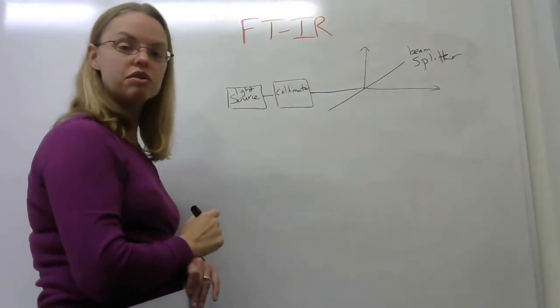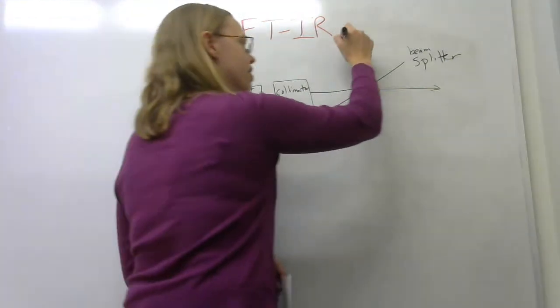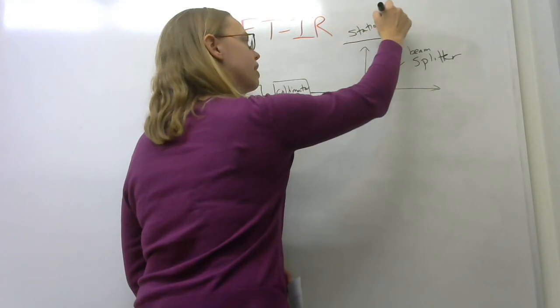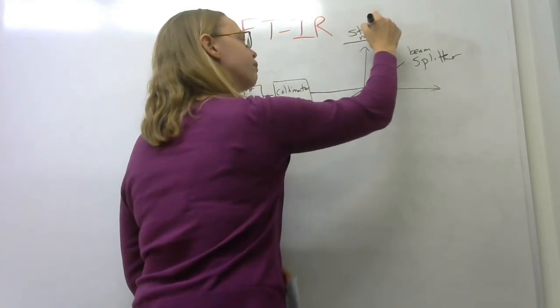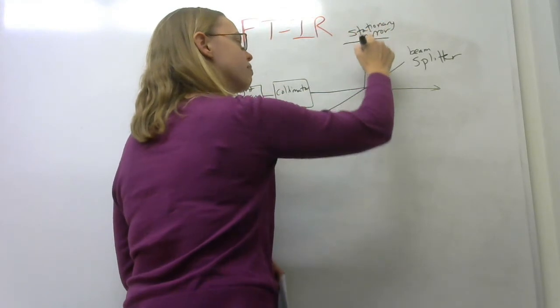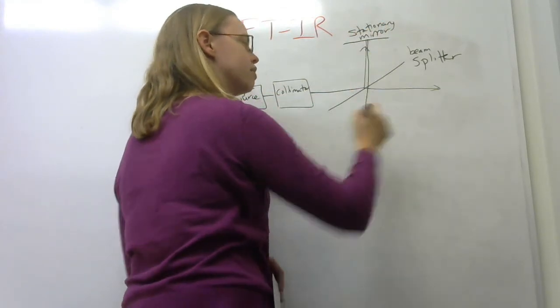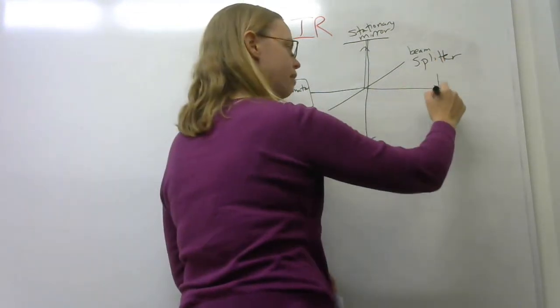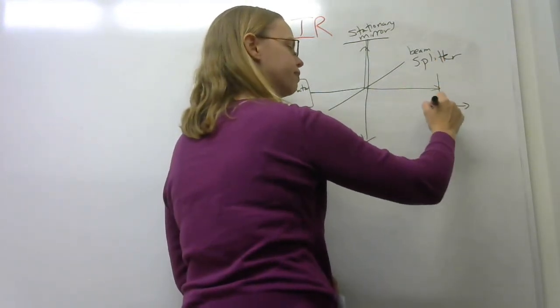And both of those lights hit a mirror. This light up here hits a stationary mirror. So that mirror is always fixed, and once it hits that, it goes back down this way. This light over here hits a movable mirror.